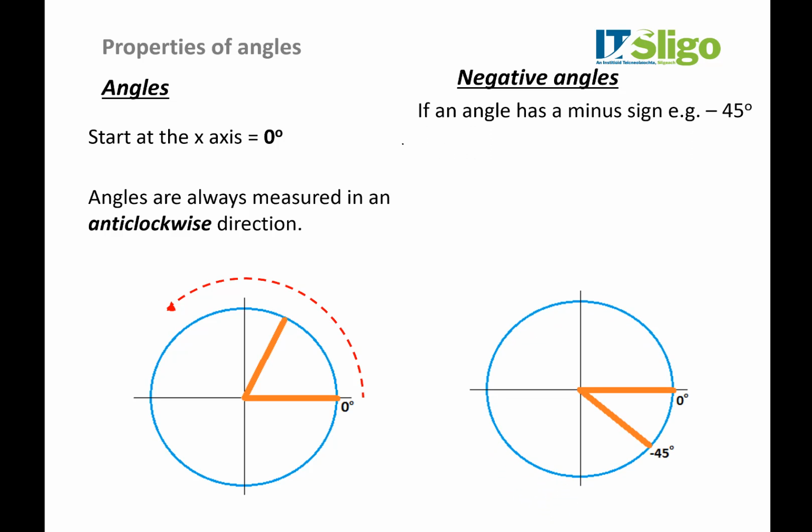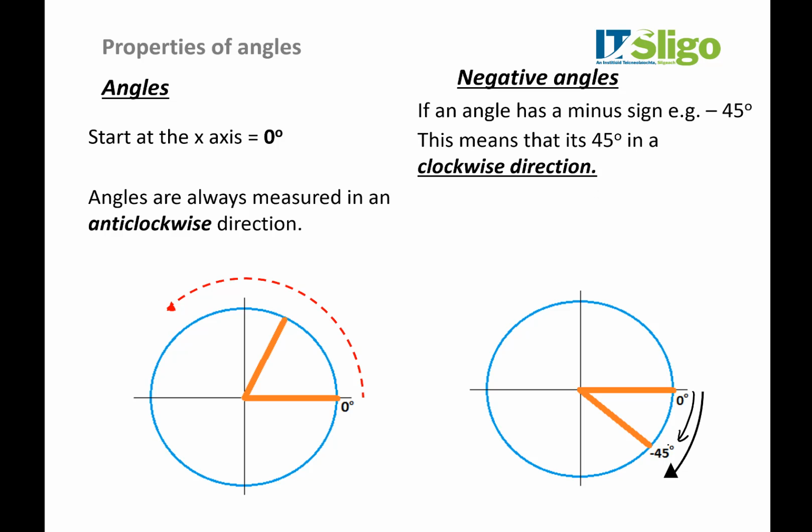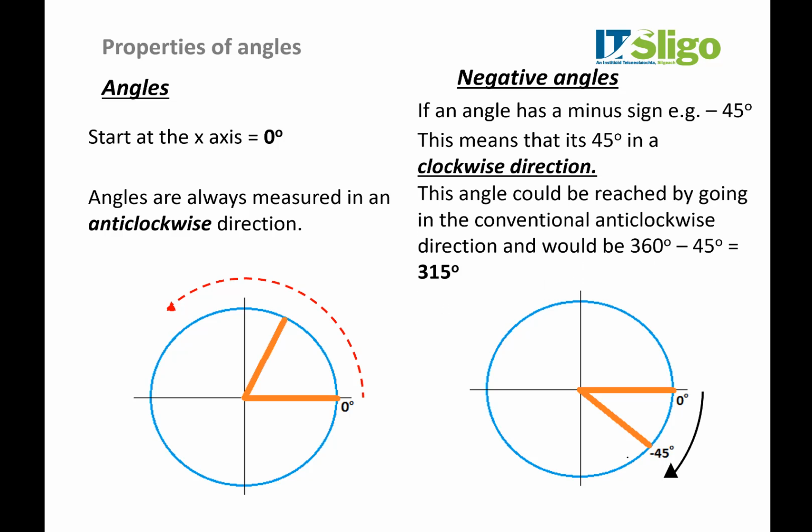We just simply mean the minus means we're traveling against the normal direction. So it's minus 45. It's 45 degrees in the other direction, in the clockwise direction. A more correct way to describe that angle is again to start here, but to take the long way around in an anti-clockwise direction.